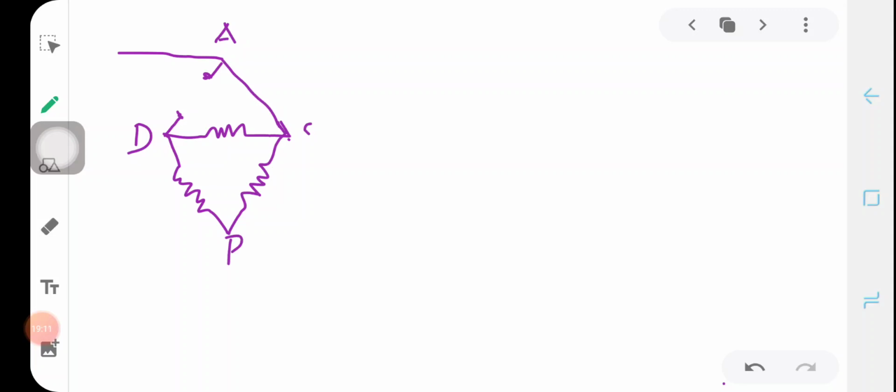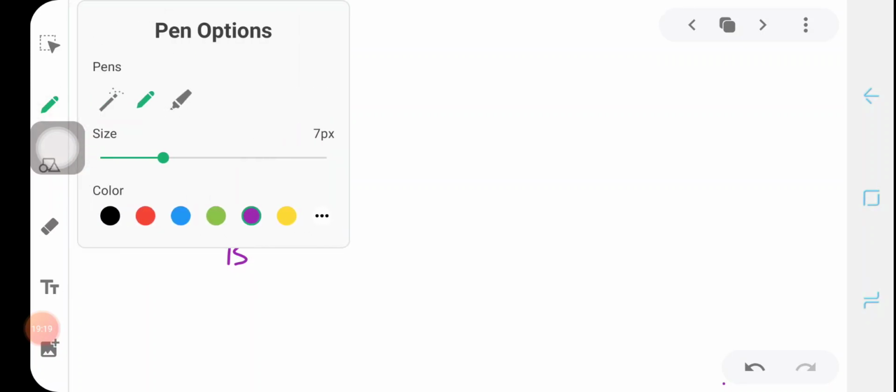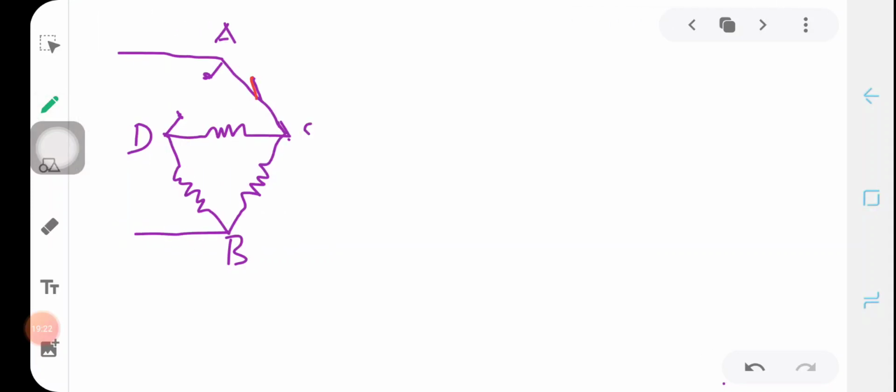So this is the node B, and this will be the equivalent circuit, and current will flow in this direction. I am representing it by the red arrow. Current from AC is divided into two parts, one towards D and one towards B, and the red arrows represent the direction of the current.